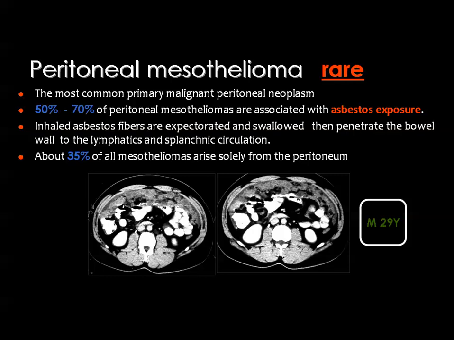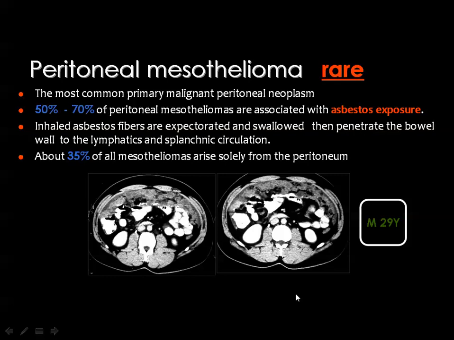Then peritoneal mesothelioma is a rare tumor of the peritoneum compared to that of the pleura, and most peritoneal mesotheliomas are also associated with asbestos exposure.